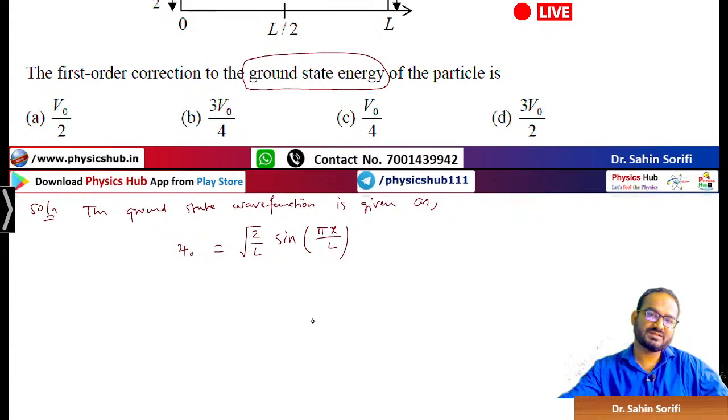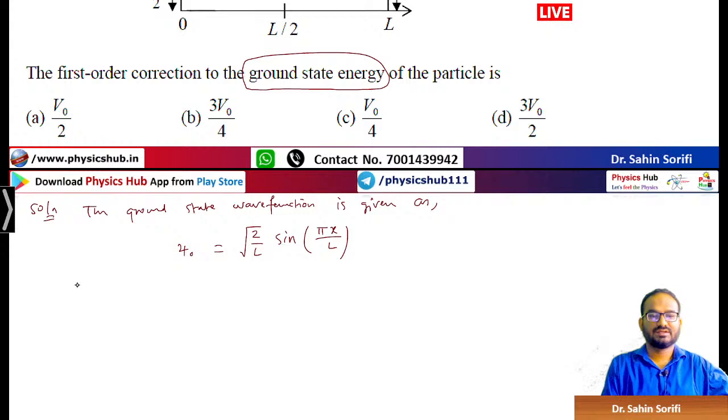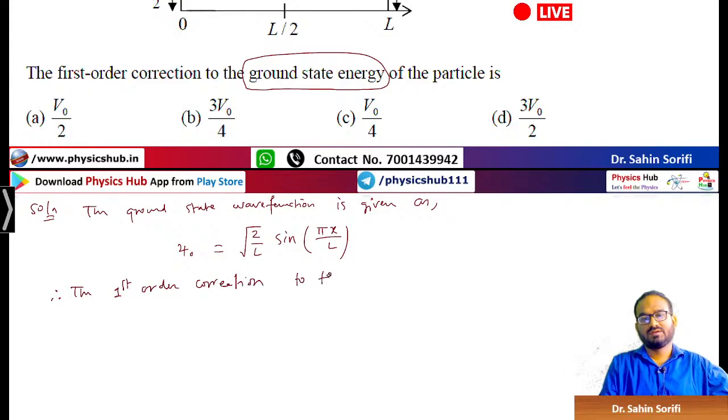You have to find the first order correction to the ground state energy. Ground state means E_1, right? First order correction means E_1^(1).